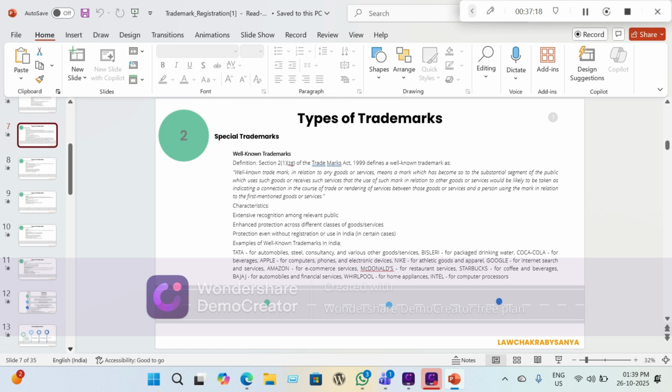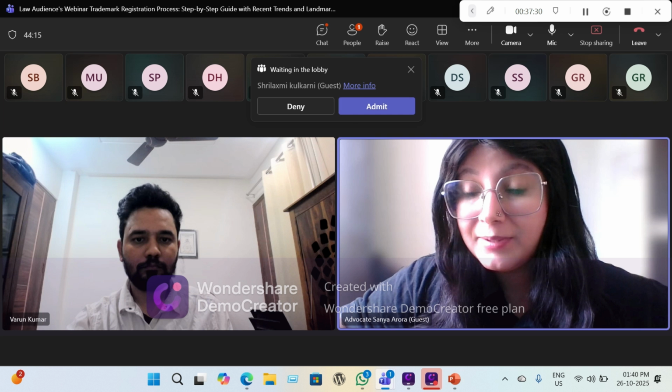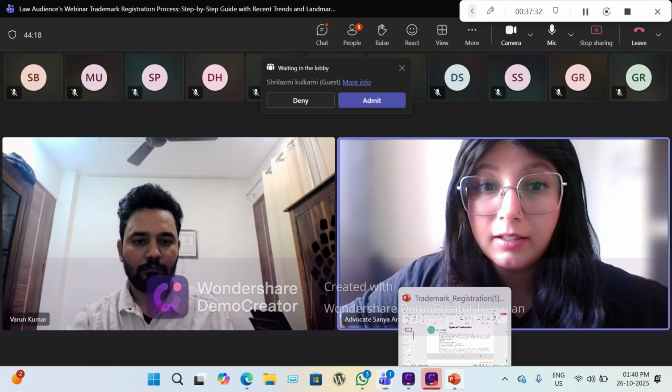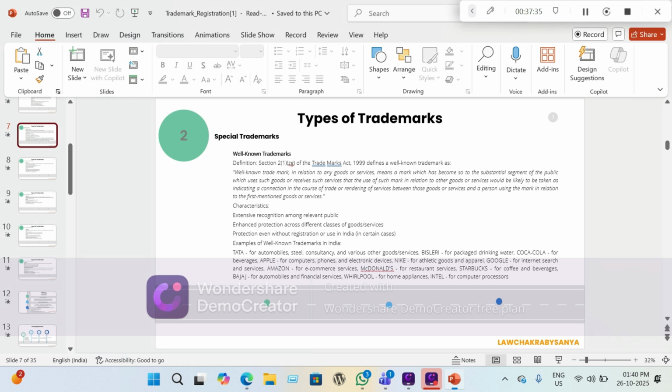So, a well-known trademark, how it is defined in the Act, is that it, in relation to any goods or services, means a mark which has become so known to the substantial segment of the public which uses such goods or receives such services, that the use of such mark in relation to other goods or services would be likely to be taken as indicating a connection in the course of trade or rendering of services between the goods or services and the person using the mark in relation to the first mentioned goods or services.